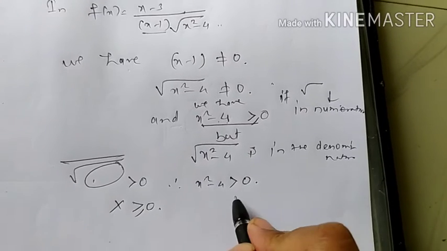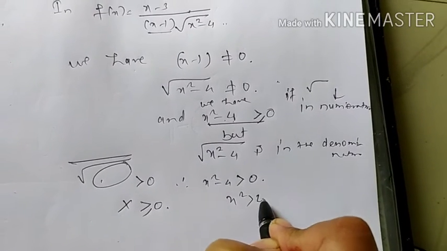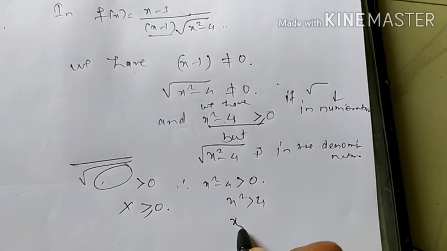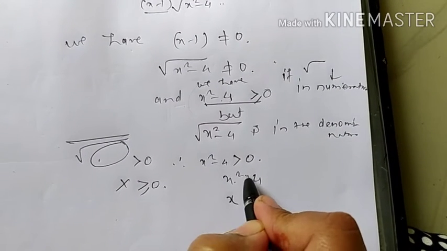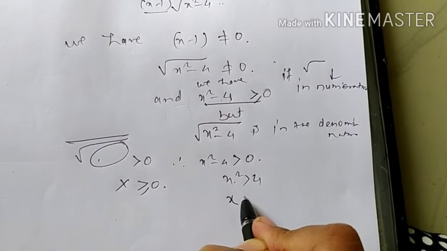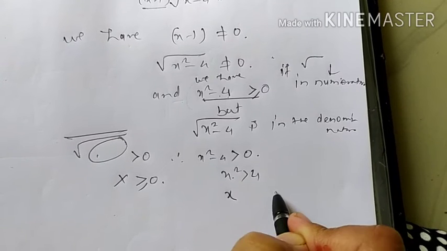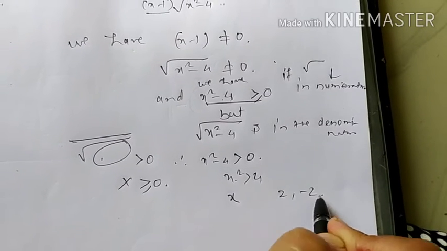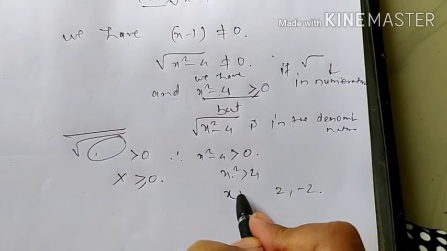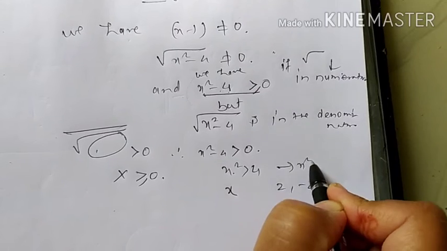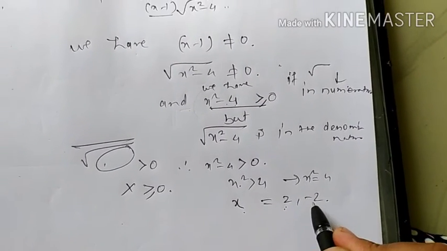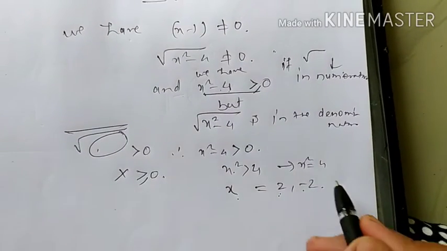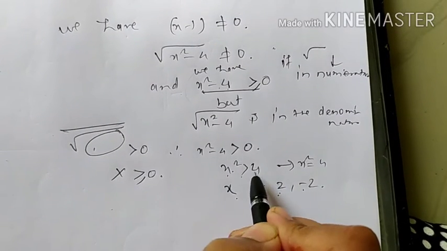Getting? So x² is strictly greater than 4. If we take x² = 4, then we will have x = 2 and minus 2. But we have x² strictly greater than 4.